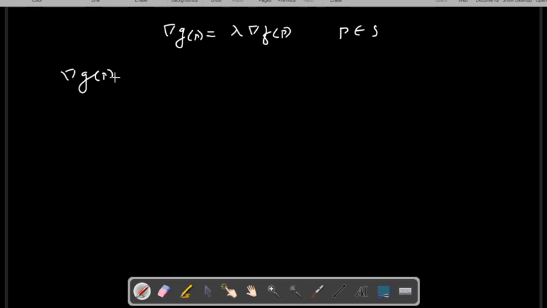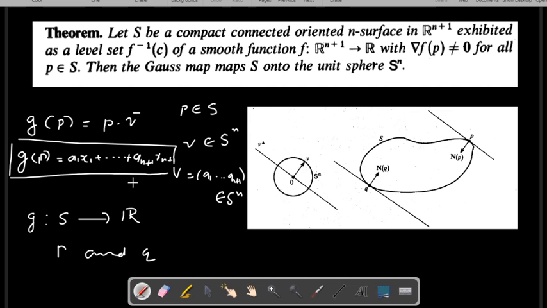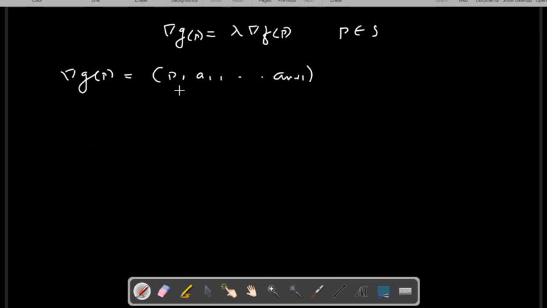Del g of p is equal to p comma the derivatives with respect to x1 x2 etc xn plus 1, that will come a1 etc an plus 1. See, your g is this. When you find the derivative with respect to x1, a1 will come, with respect to x2, a2 will come. Likewise you will get in this way.